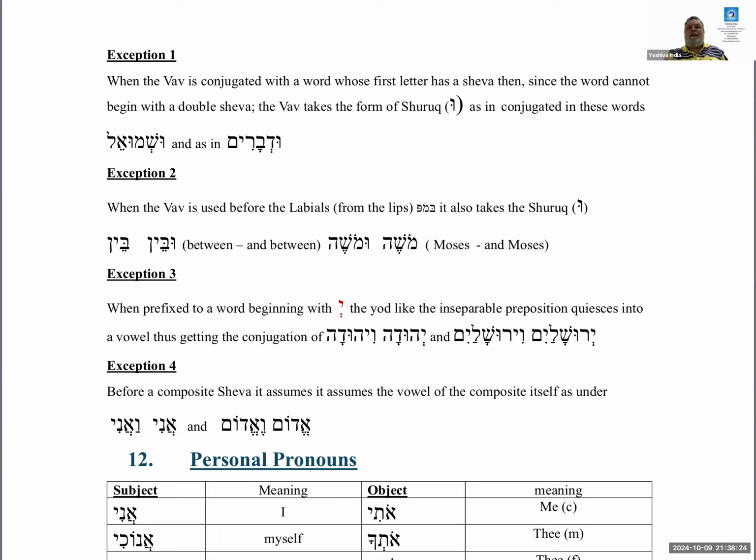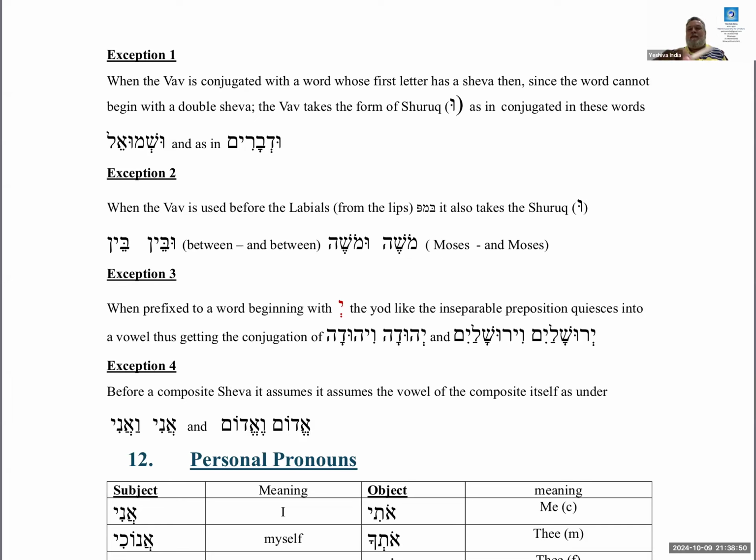Make a note. Exception 3. When the vav is prefixed to a word beginning with yud and shva, the yod, like the inseparable preposition, quiesces into a vowel, thus getting the conjunction vihuda. So Yehuda becomes vihuda, like le Yehuda, lihuda.